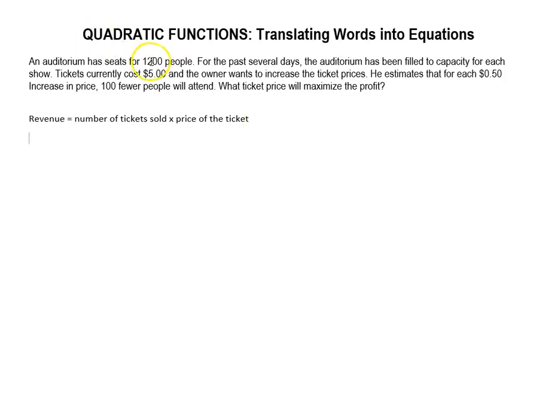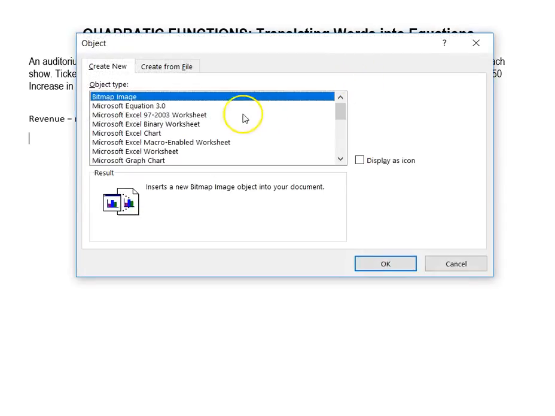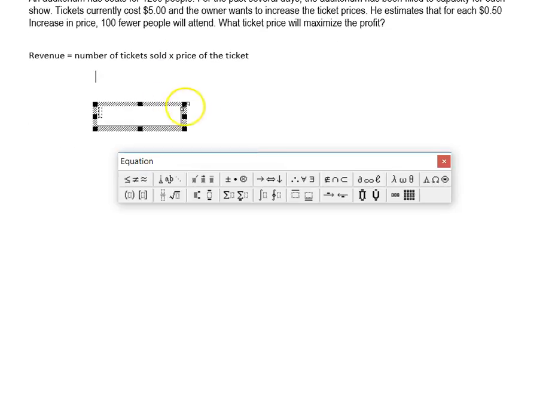Now this says that this auditorium has seats for 1,200 people. Okay, so let's see what we can do with that. We know we have 1,200 people. Let me get my equation editor out here for just 1 second. So if I have 1,200 people, and that's going to be the number of tickets being sold, right? And that for every increase in price, 100 people will diminish.